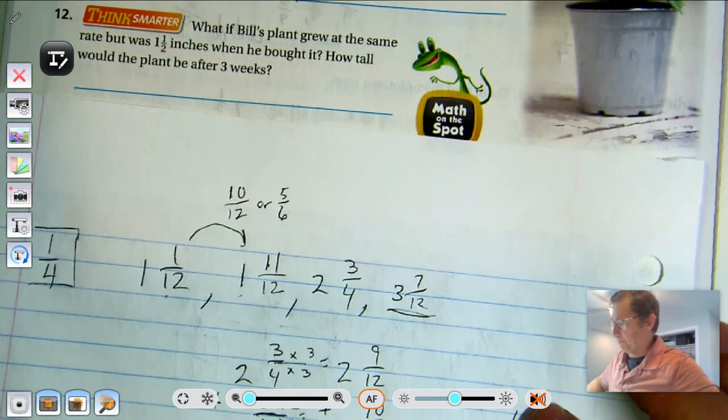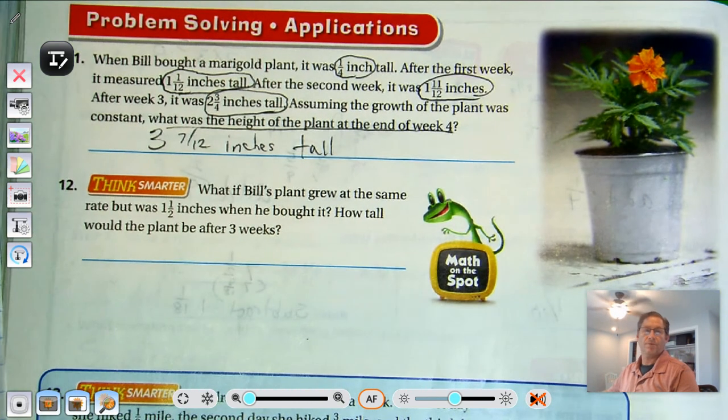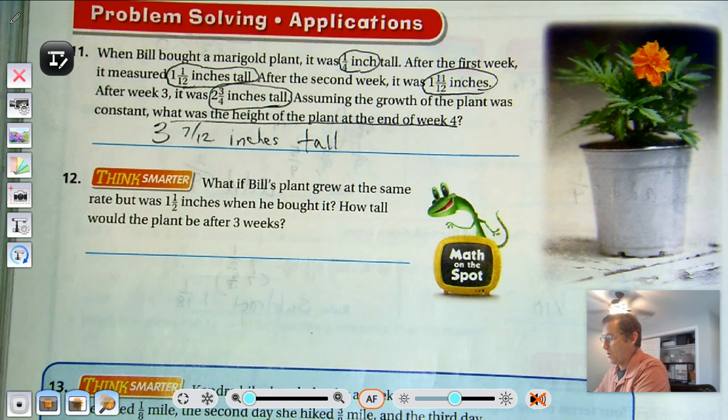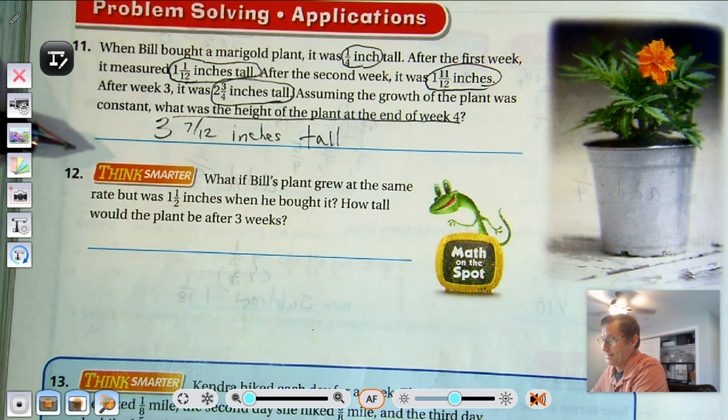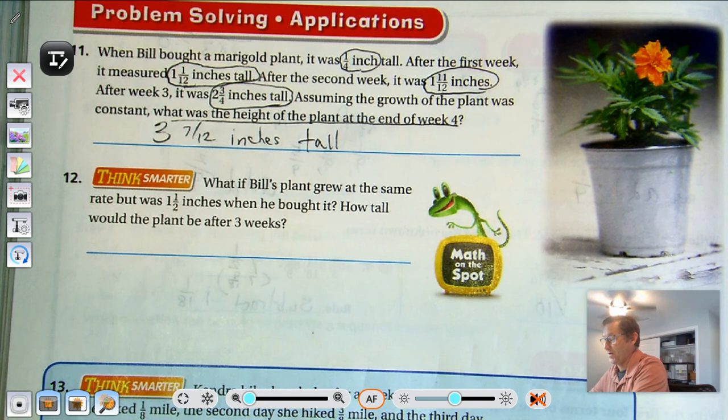All right. Number 12. So what if Bill's plant grew at the same rate, but was 1.5 inches when he bought it? How tall would the plant be after 3 weeks?